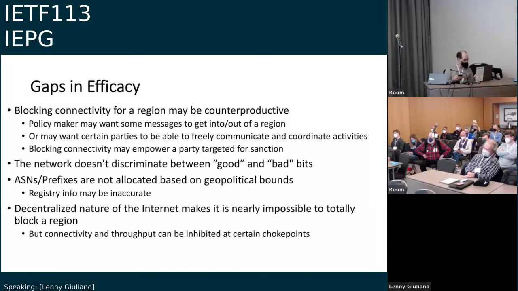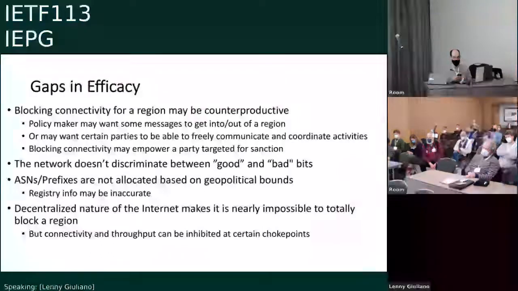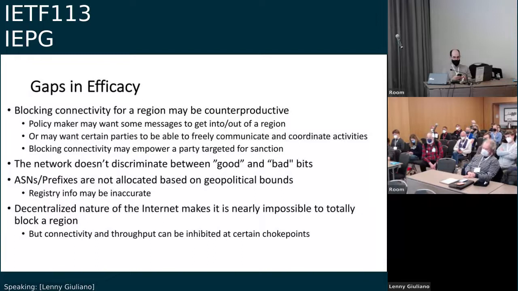It does not discriminate, it just transmits bits, whether they comprise good or bad messaging. The network just pushes them through from one place to another. Also, autonomous systems and prefixes are not allocated based on geopolitical boundaries. They're loosely allocated on region.